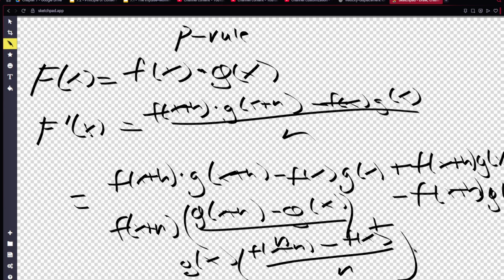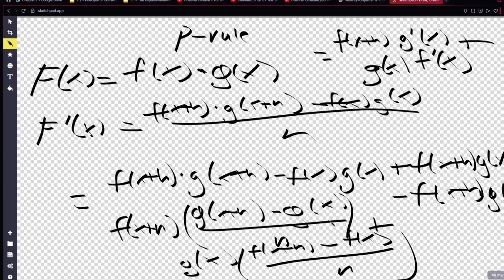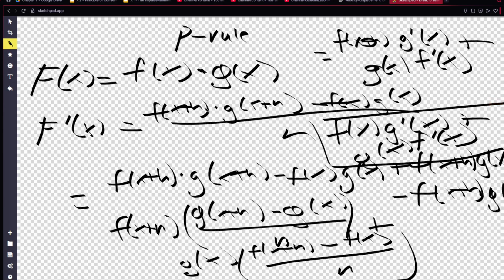So we get f of x plus h times the derivative definition, so times g of x, plus, again, the same thing, g of x times the derivative definition, so it would just be that derivative of f. But we note that h is going to 0, and as h goes to 0, this is becoming f of x. So it's just going to be f of x, g of x, plus g of x, f of x. So that is your product rule right there.